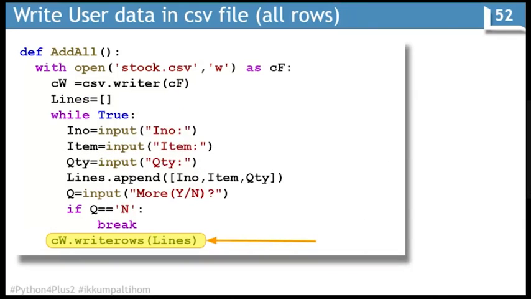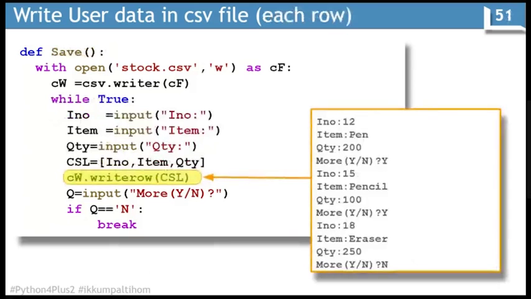This is another example where you can see that instead of adding rows one by one, we can also add all the rows in one go. So you can keep on appending, and then at the end, instead of writing writerow, you can use writerows. You can look at the previous example where we are using writerow and transferring each row separately.